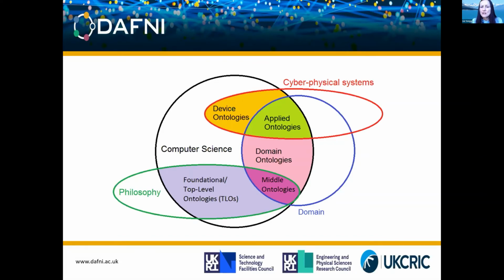Different from domain ontologies are applied ontologies, and these are very specifically purposeful, tied to use cases where we try to describe the particular actions for an application. So it might be a traffic management system, or a water flood management system, but it's applied, it's purposeful. It brings aspects of the domain into the applied, but it also brings aspects of the device into the applied technology, because the devices are the sensors that are providing information to make those use case and purposeful decisions in the applied ontology.